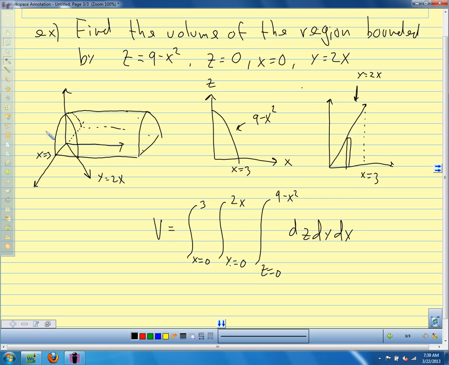All right, let's look at an example going the other direction.